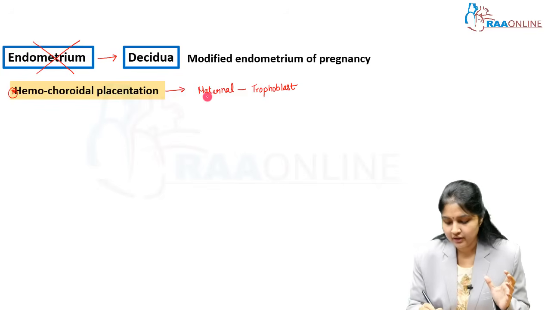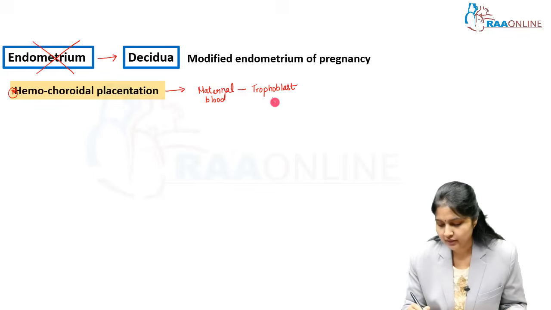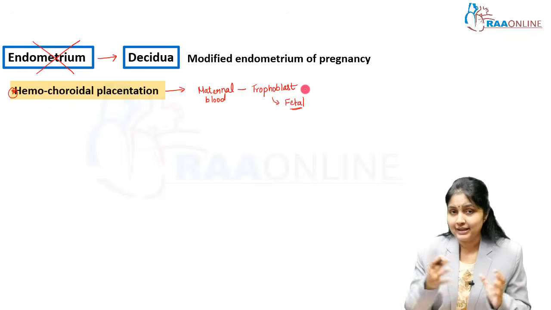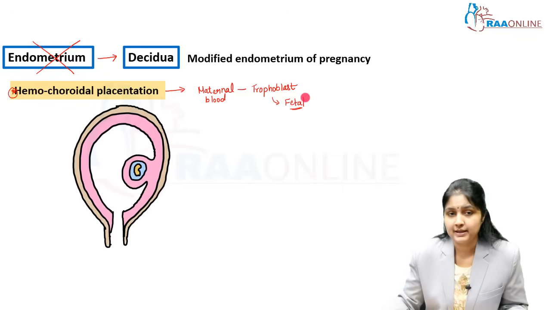So the maternal blood, which is the maternal component, and the trophoblast, which forms a placenta, will interact with the fetus. So this decidua helps in the formation of a hemochoroidal placentation.